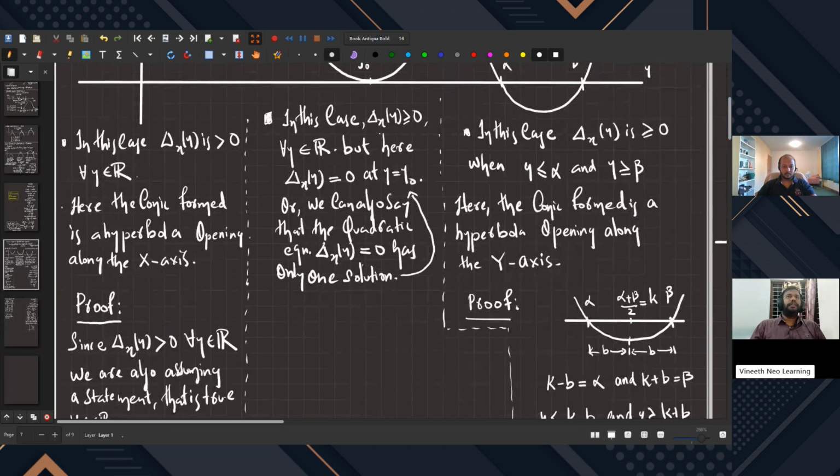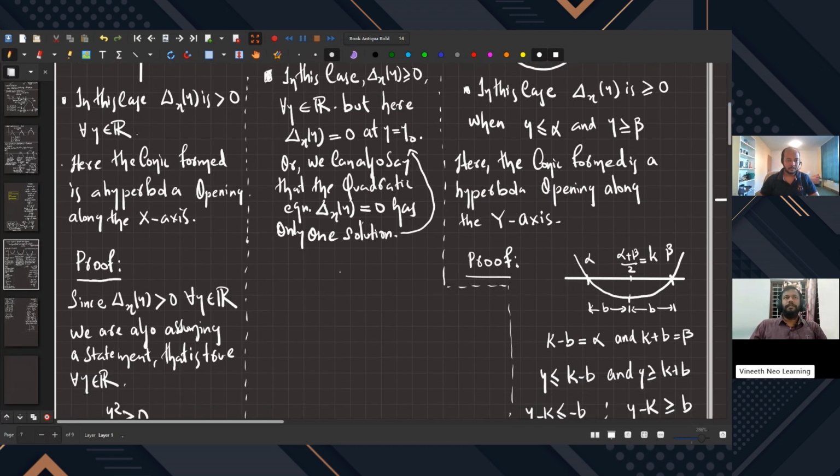Now we will move on to the very interesting case. In this case, delta x of y is always greater than or equal to 0 for all values of y, but it becomes 0 at a single point. Meaning the quadratic equation delta x of y equal to 0 has only one solution, y naught.